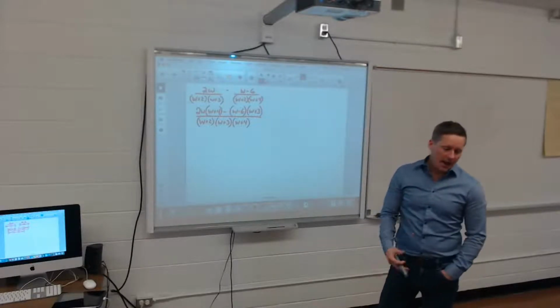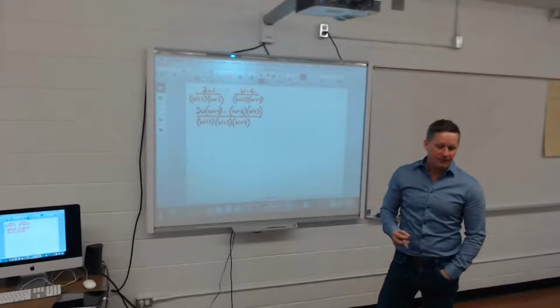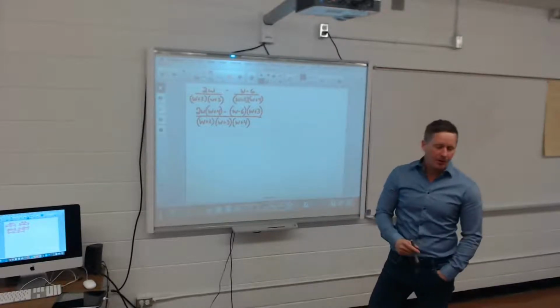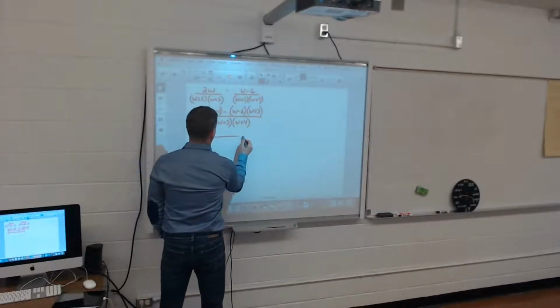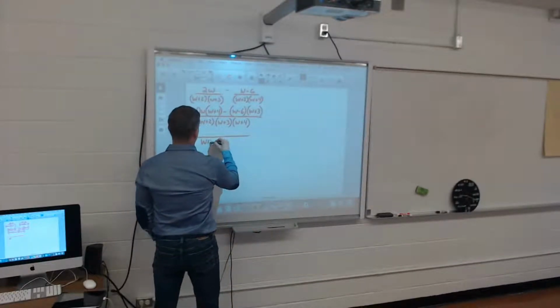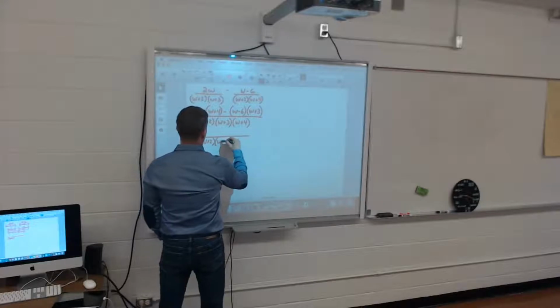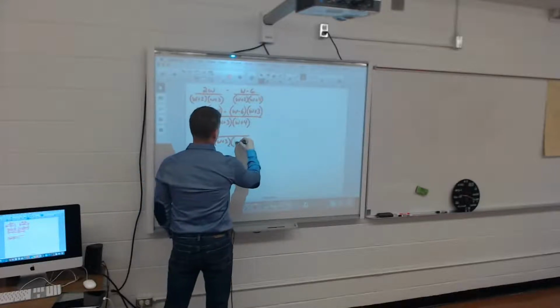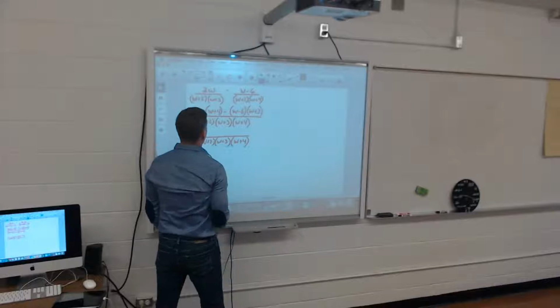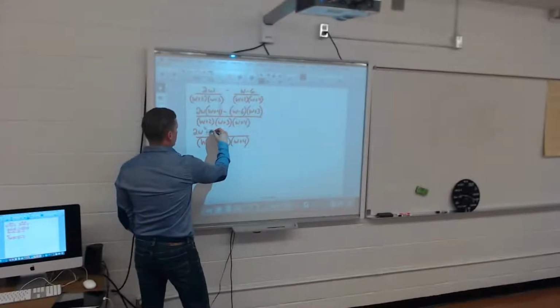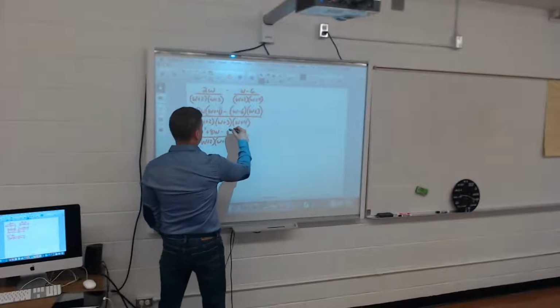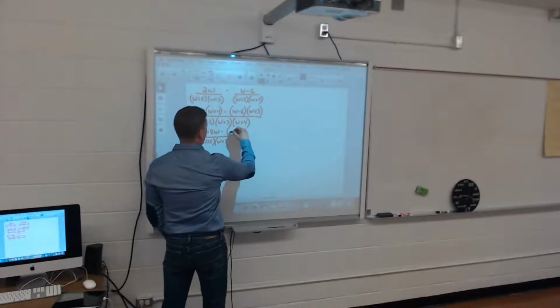All right, so now I have to get rid of the brackets and I have to simplify the top while leaving the bottom as is. Okay, so I have 2w squared plus 8w minus bracket. I'm going to FOIL that.